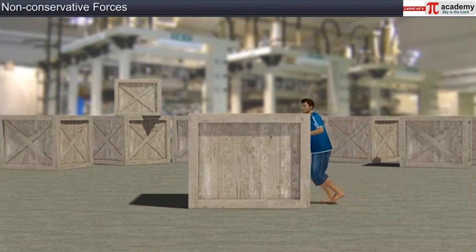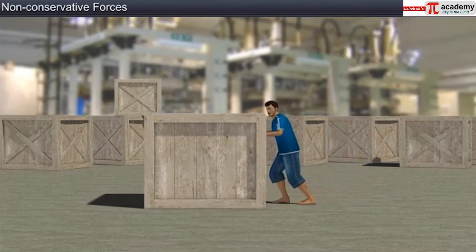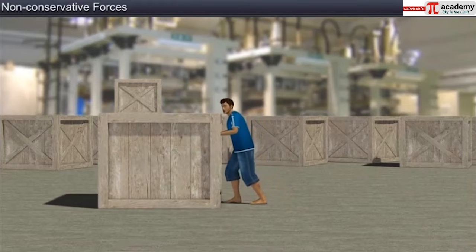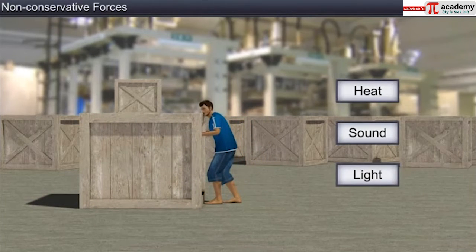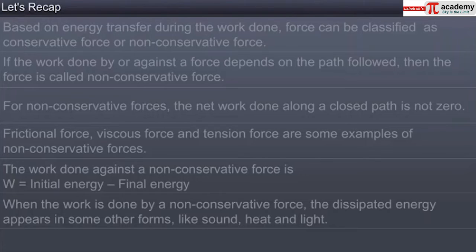When work is done by a non-conservative force, the dissipated energy is released in the form of heat, sound, light, and so on. Thus, by taking all these forms of energies into consideration, the law of conservation of energy is applicable to non-conservative forces. You have now reached the end of this module.